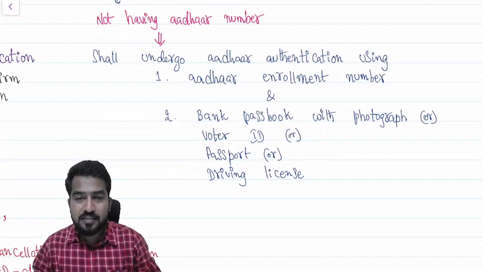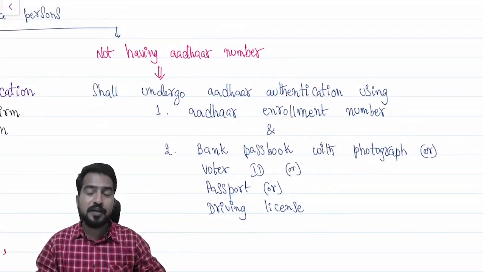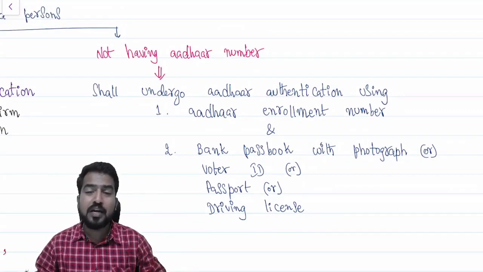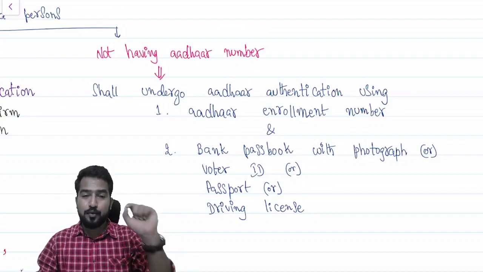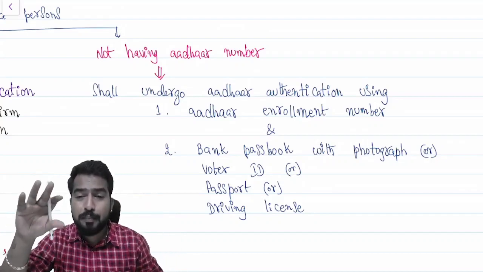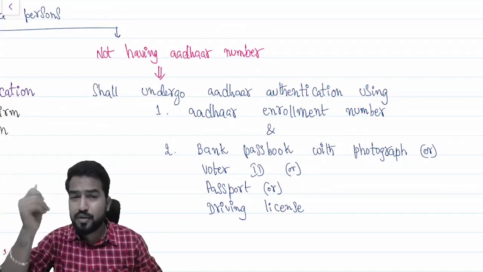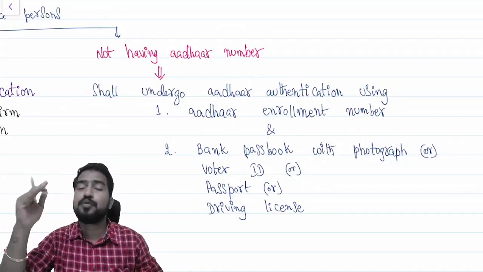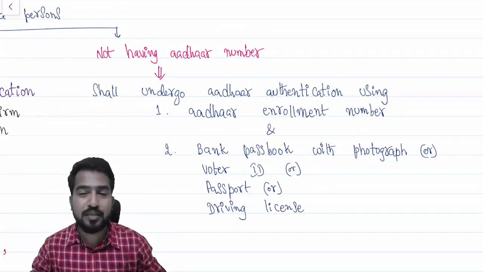If you have not got your Aadhaar number, please apply for it. The moment you apply for the Aadhaar card, you will get an Aadhaar enrollment number. Using that enrollment number, along with your bank passbook which has the photograph in it, or your voter ID, or your passport, or your driving license, finish this Aadhaar authentication, my friends.